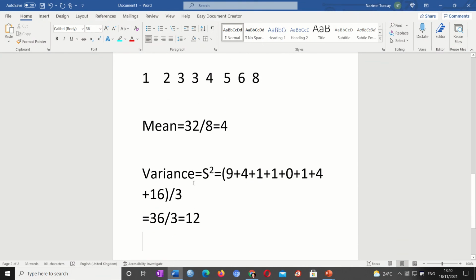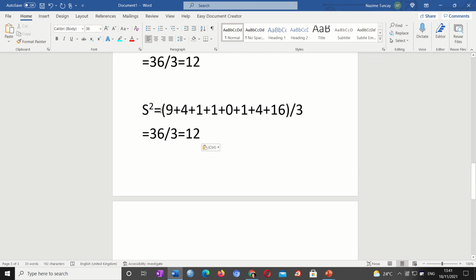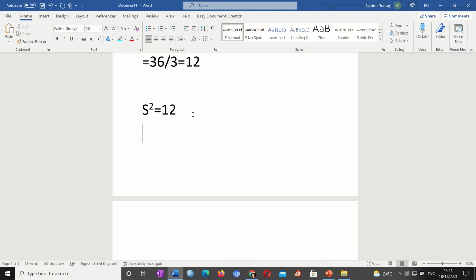So I have here this one, that's 12. So this is variance, and standard deviation, which is S, is equal to the square root of variance, okay?